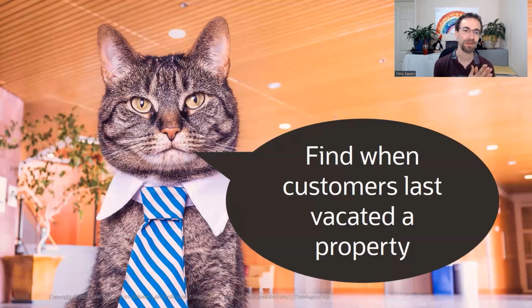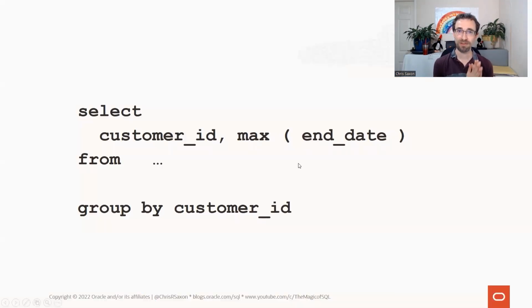Let's say someone's asked you to find the last time someone moved out of an address. What is the maximum date that they moved out of each location? If we're using null end dates, or we're storing those in a separate table, so we're only providing a value when they have actually moved, or we know they've moved, we can do something like this.